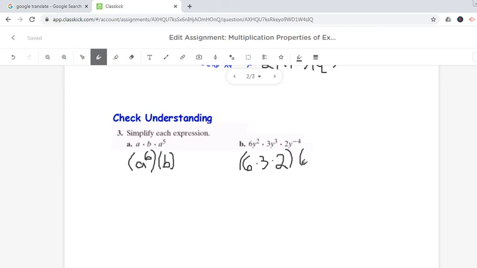And then we'll put our y's together. y squared times y to the third times y to the negative fourth.